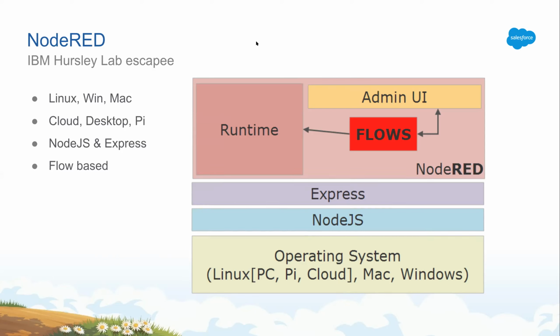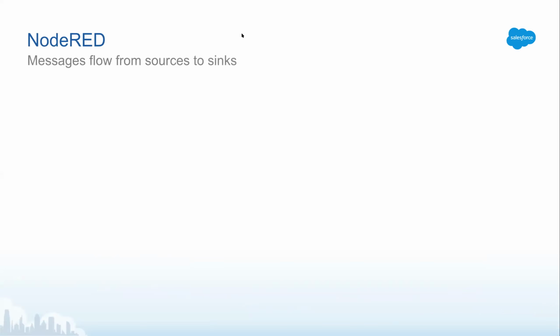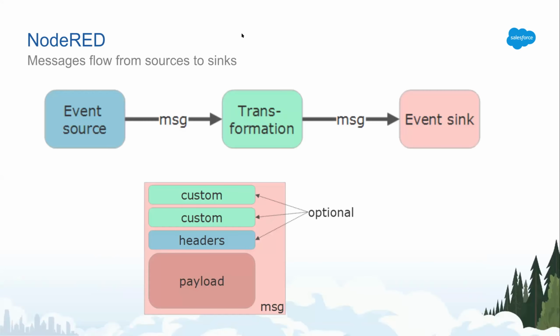It has a bit of a heritage in IoT, because of the principle of having a message and a payload, but as you will see in the examples, it goes far beyond these capabilities. So the whole idea of how NodeRED works: you have an event source that sends out a message object.